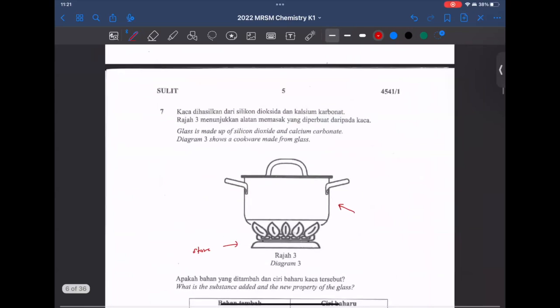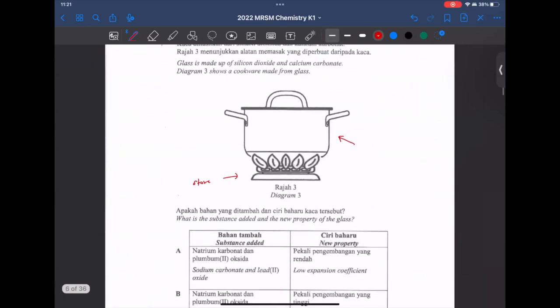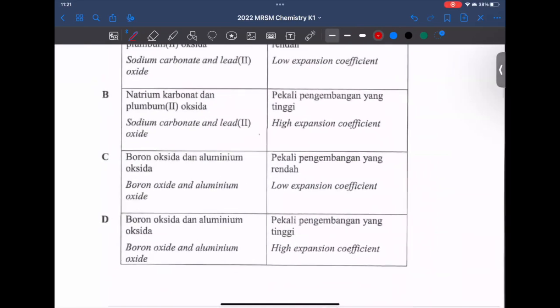For this case, since it's talking about heat property or heat resistance property, the answer is supposed to be C. Now, why is that so? It is because normally the one that can withstand heat is borosilicate glass. Based on this particular example, they're not asking about heat resistance per se, but it's actually looking into expansion.